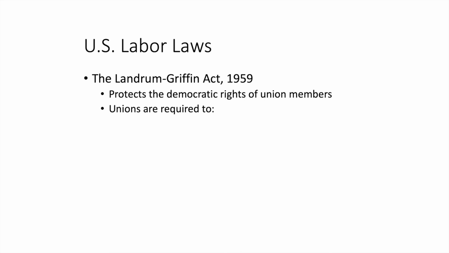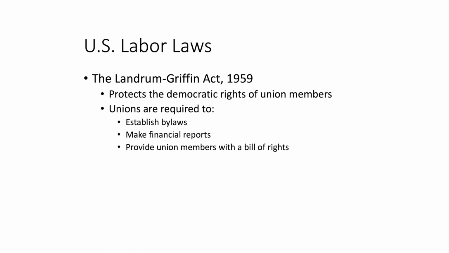They were extorting money, stealing money from the union members, their membership dues and so forth. So the Landrum-Griffin Act requires unions now to establish bylaws, make financial reports, and provide union members with a Bill of Rights. So we see now that the people that were put into place to protect the employees were exploiting the employees. So the Landrum-Griffin Act kind of put a hold to all of that.